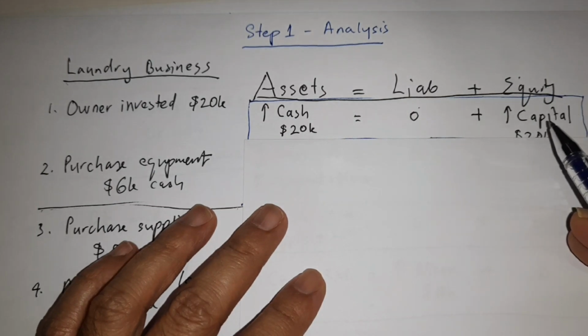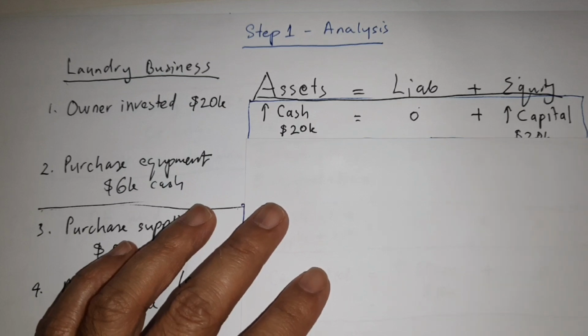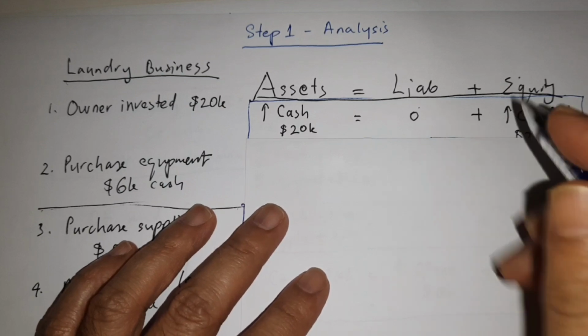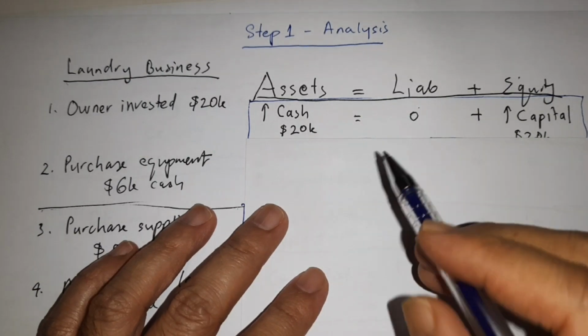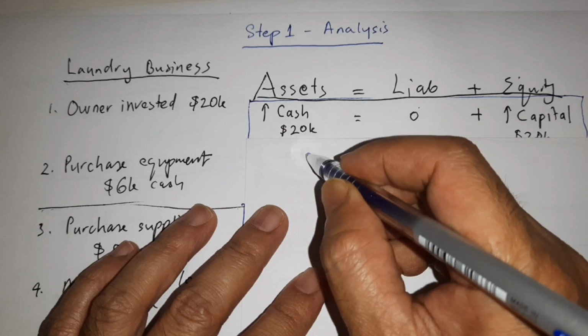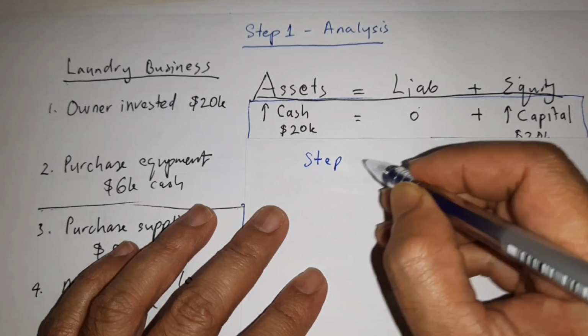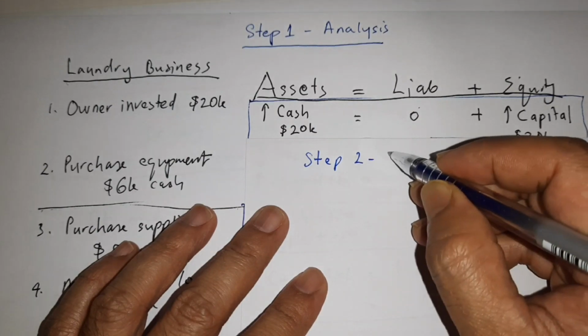The account is capital, the amount is 20,000. This happened in your head. After you have analyzed this transaction, you record in the journal. So now we do the journal entry. We record this transaction in the general journal.